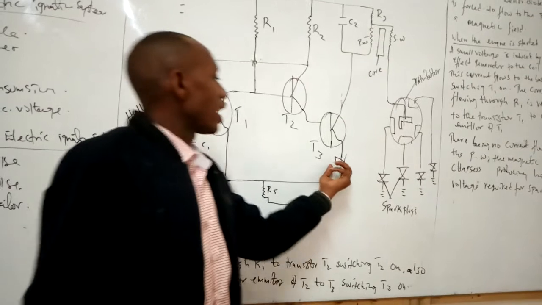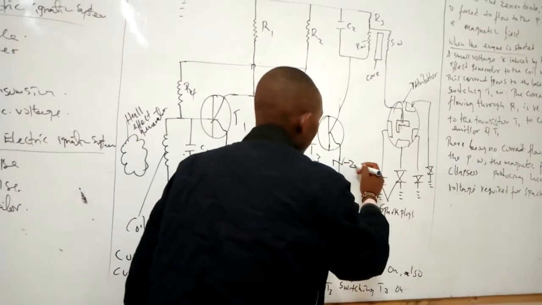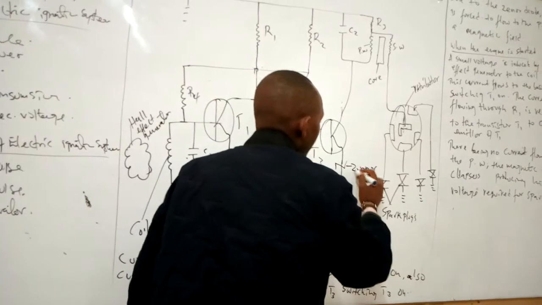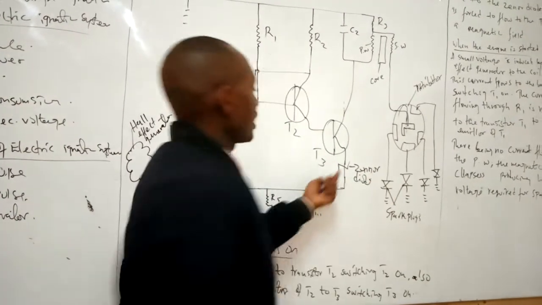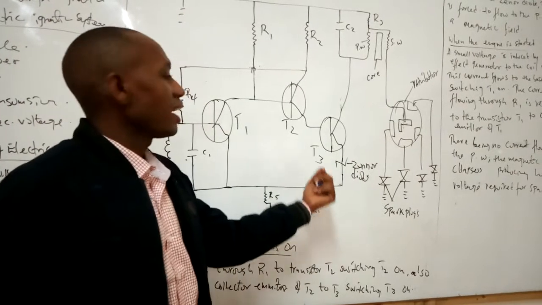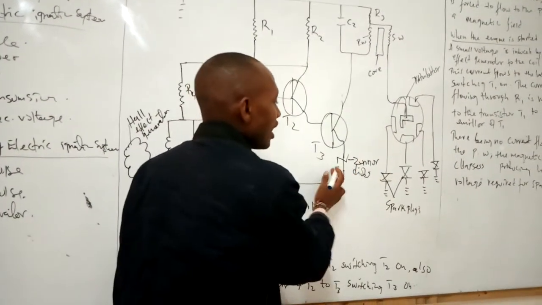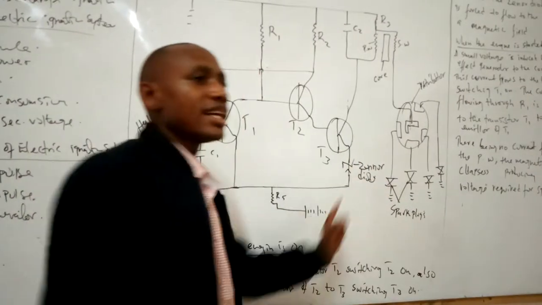But now, you can see we have a Zener diode here. This is a one-way valve that allows the current to flow in one direction only. For instance, in this case, this Zener diode will allow the current to flow in that direction.